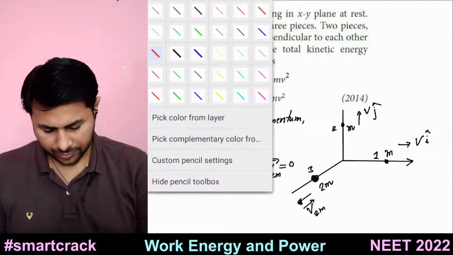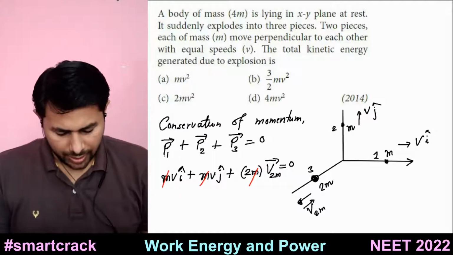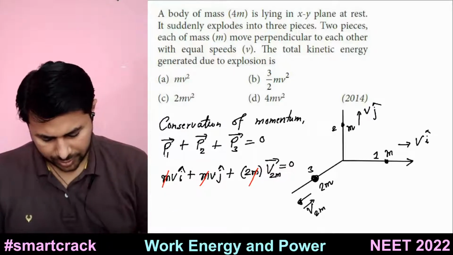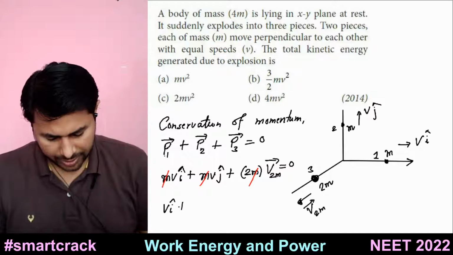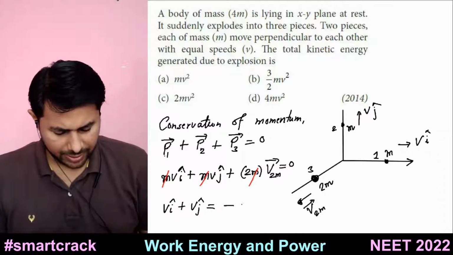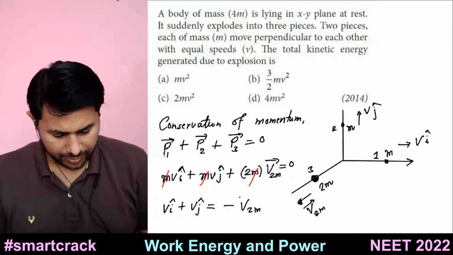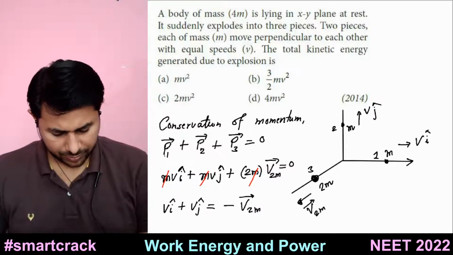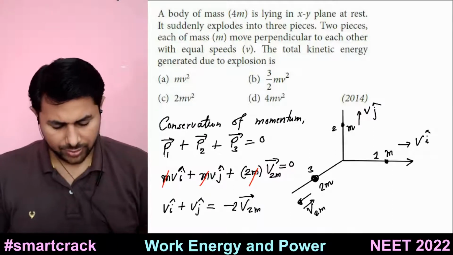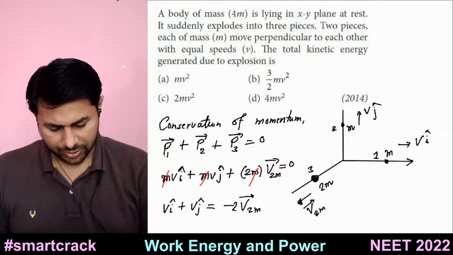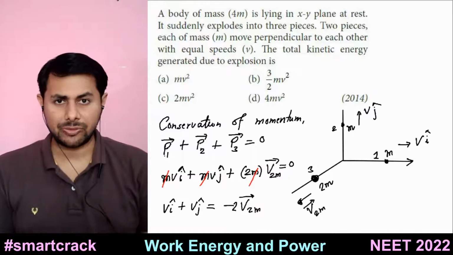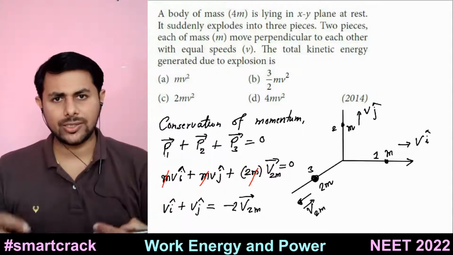So it is v i plus v j equals minus 2 times v2m. So you can take this 2 on the other side. What I have done is I have just moved this 2 times v2m to the other side. v2m is the velocity of mass 2m.